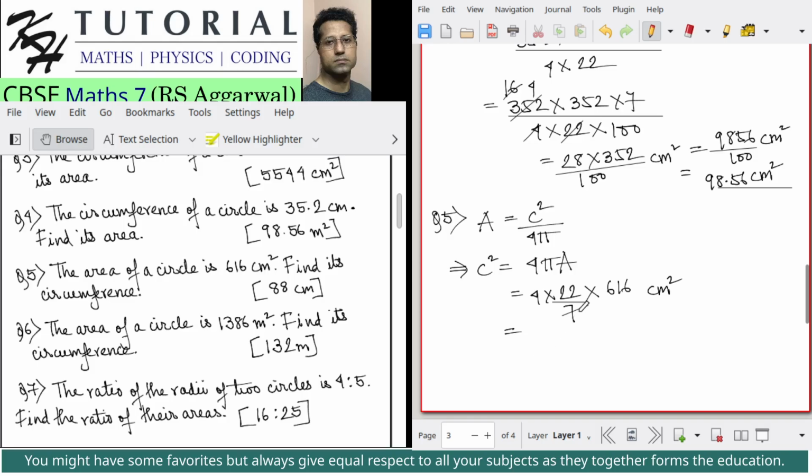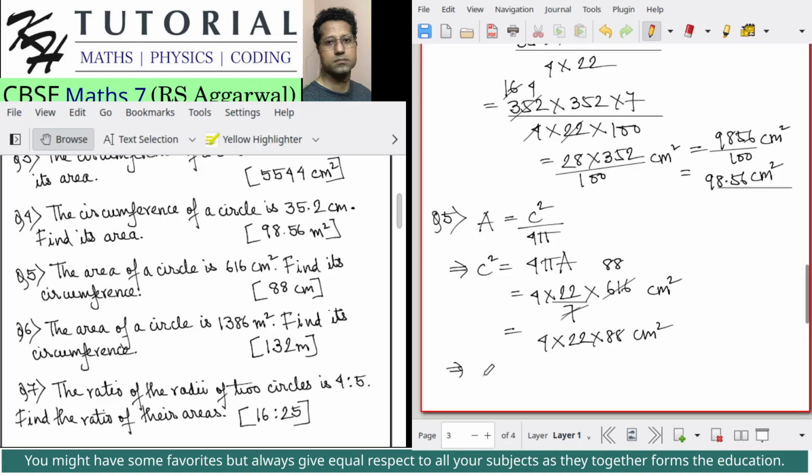So now let's see. 7 will divide 616 with 88. So we have 4 multiplied by 22 multiplied by 88 centimeter square.